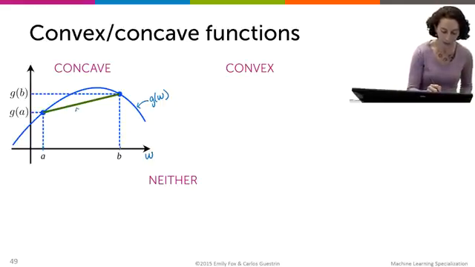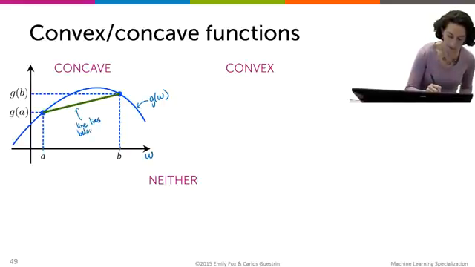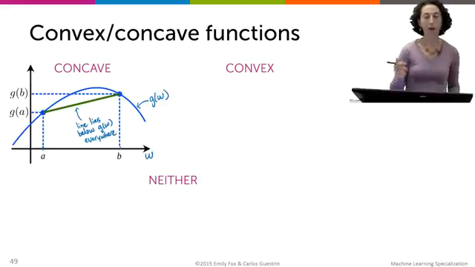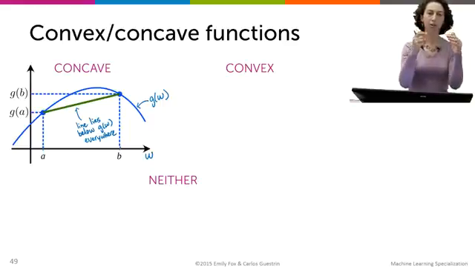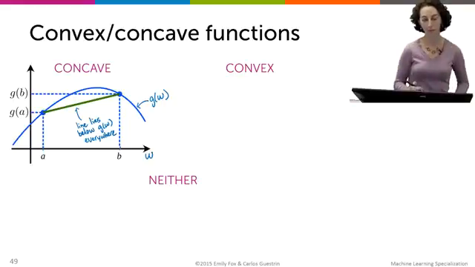And what we see is that this line lies below g of w everywhere. And a concave function is a function where for any value of a and any value of b that you choose, when you go and draw this little line between the points of the function, it's always going to lie below the actual curve of the function itself.